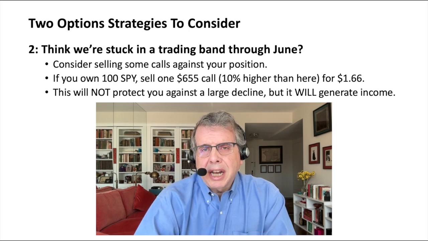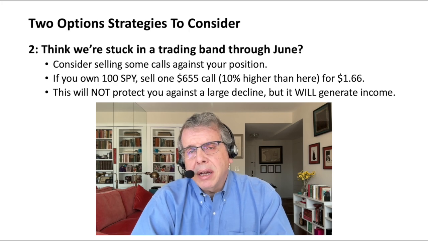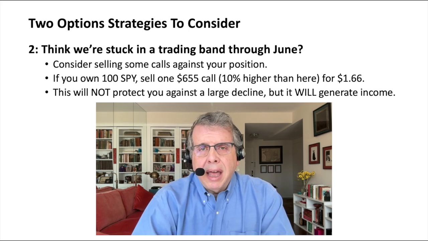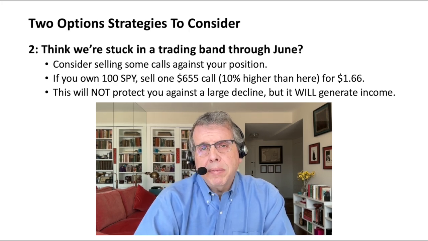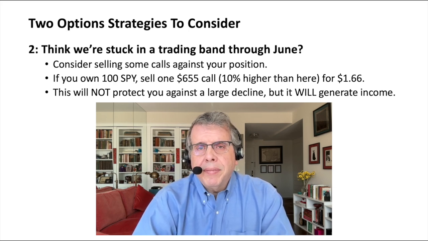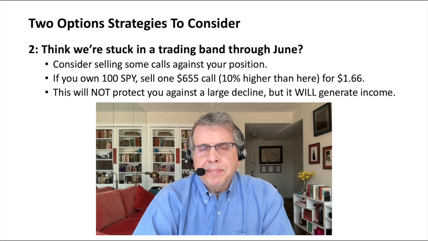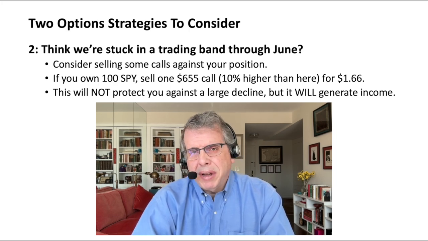Now, this is not going to protect you against big downside losses, but it will give you a little bit of income if your idea is right and the market kind of stays in the current environment and never breaks 10% higher and stays there. So there is a way to make a little bit of coupon, a little bit of money, a little bit of a dividend, if you will, from the idea of selling a call option into a kind of choppy but trendless tape.